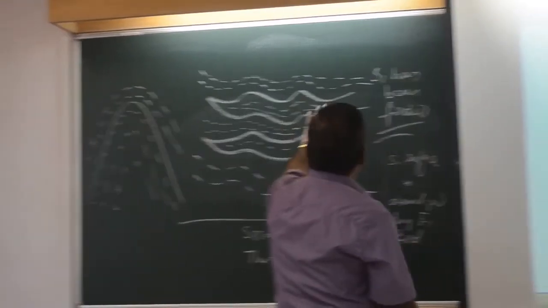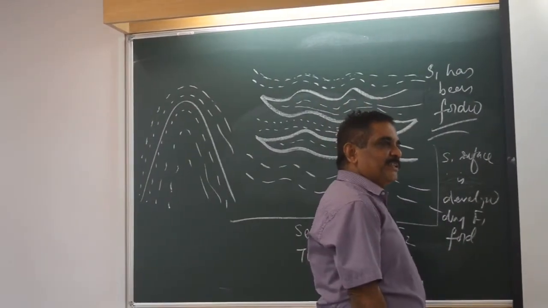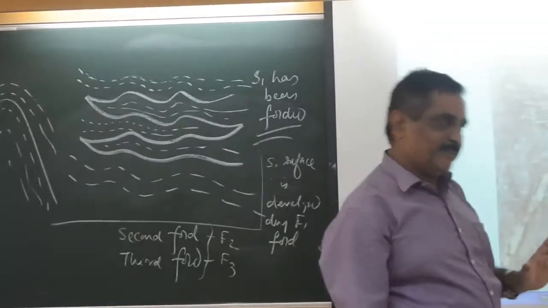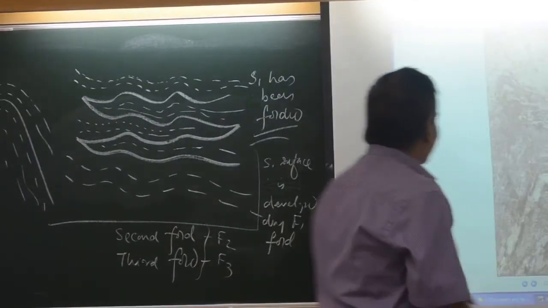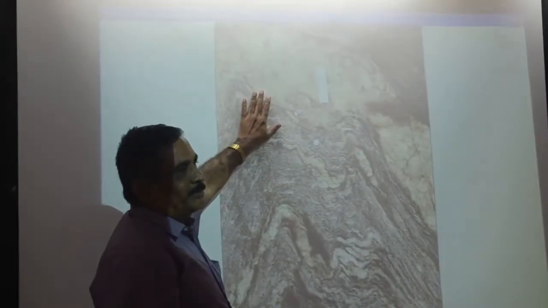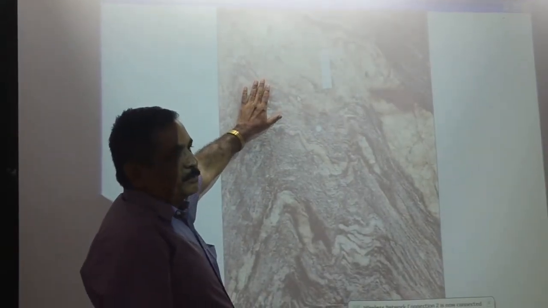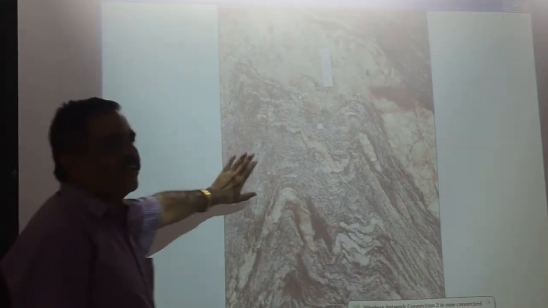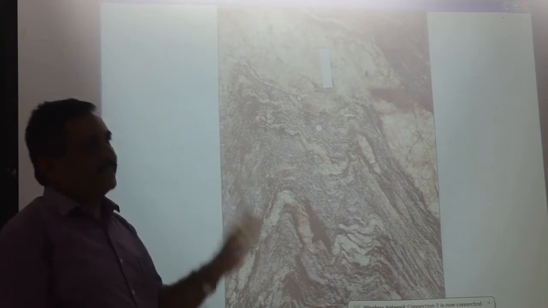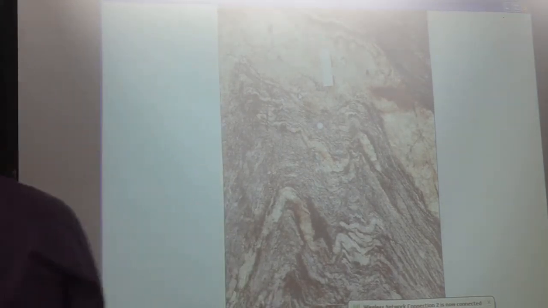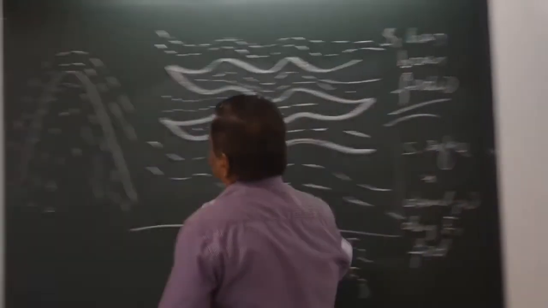But you see, these folds are not the first fold because the S1 plane is folded. Follow this point. So these folds are either F2 or F3 folds. We will decide whether it is F2 or F3, but definitely it is not F1. That you assume. Understood? Now then you see.